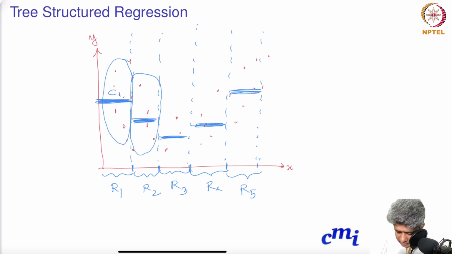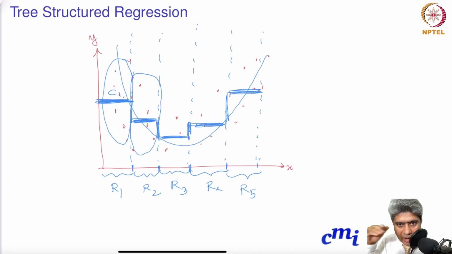So it creates a sort of step function. This is the function regression. Some sort of non-linear structure gets captured. The true relationship might be like this, and this step-function-like behavior is captured by the tree-structured regression model.